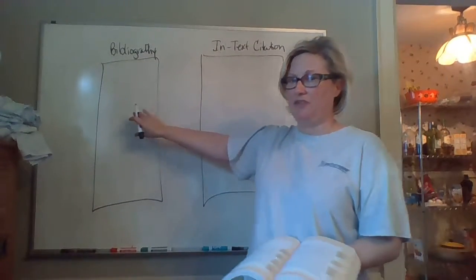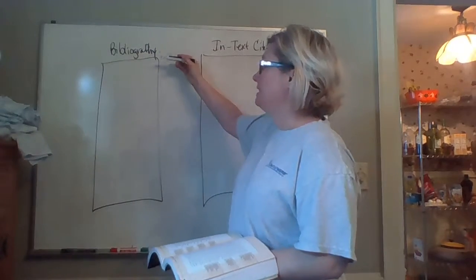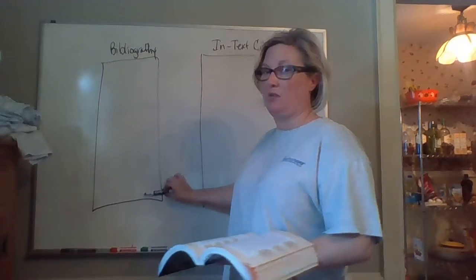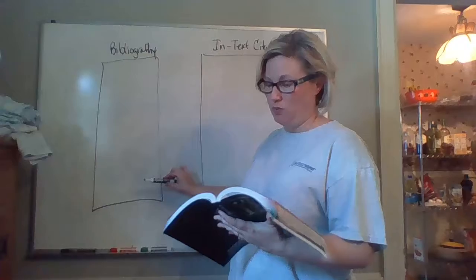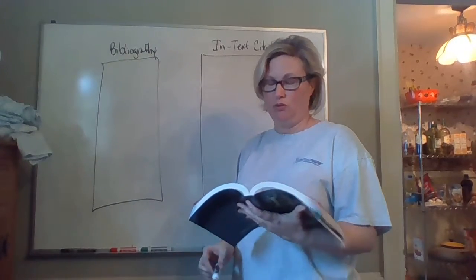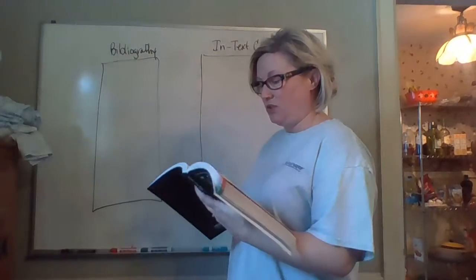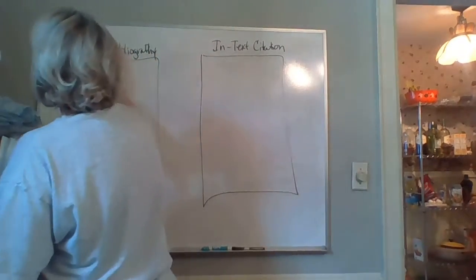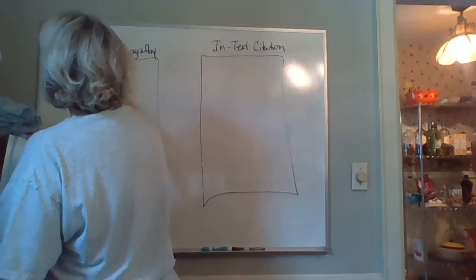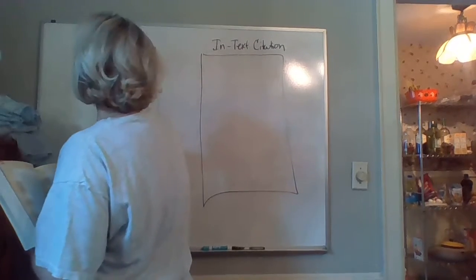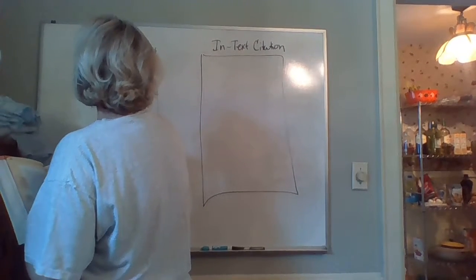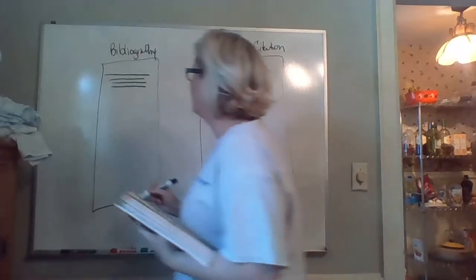Your bibliography for our purposes is you are writing down every single source of what you looked at. Every single one of them. I don't want you to leave anything out. Okay? So you start off with the author's. It kind of looks like this. I'm going to draw some lines, and then you guys can fill it in. Okay, so there's the bibliography.